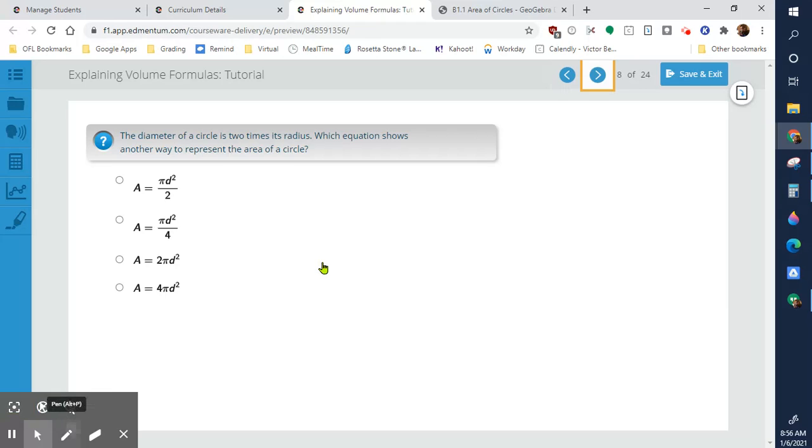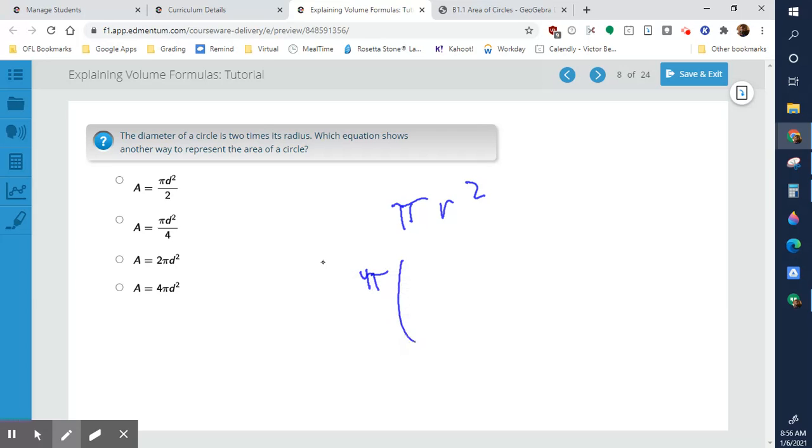So we're doing pi r squared, which is also known as pi times diameter divided by 2, squared.